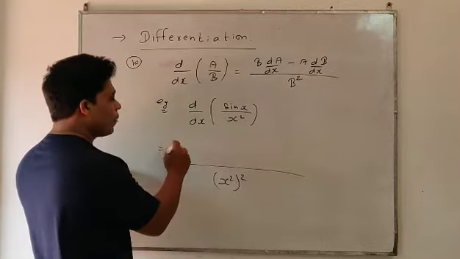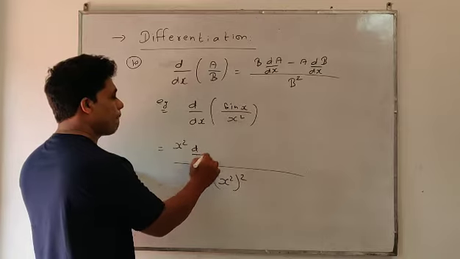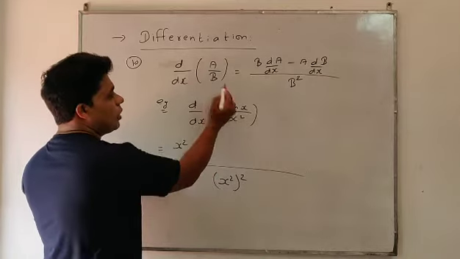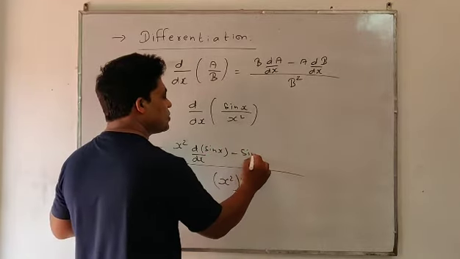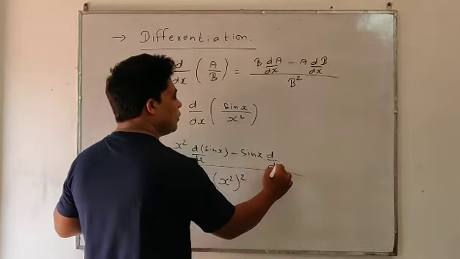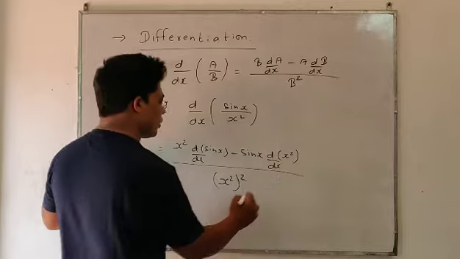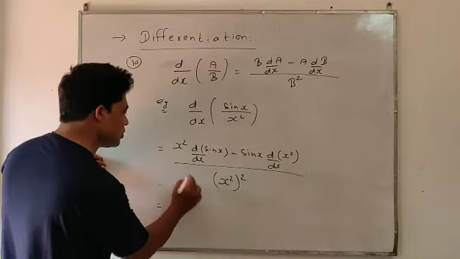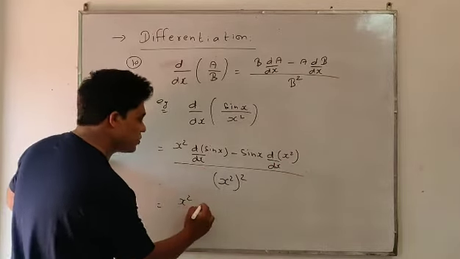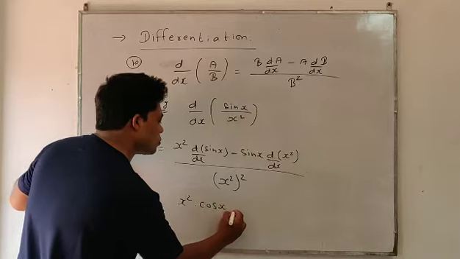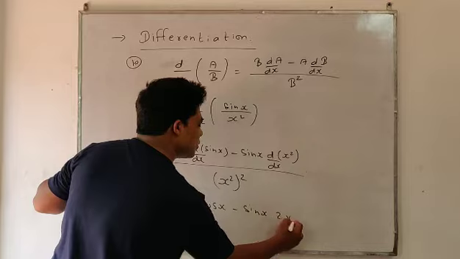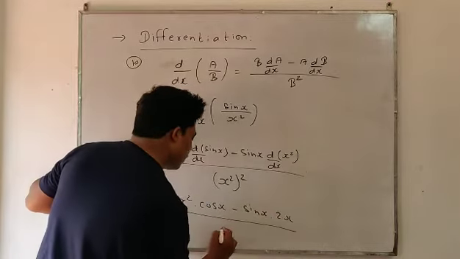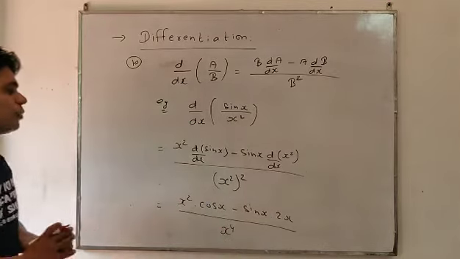Then b as it is, x square, differentiate of a, differentiate of sin x is cos x, minus a as it is, sin x, differentiate of b, differentiate of x square is 2x. And that will become x power 4.